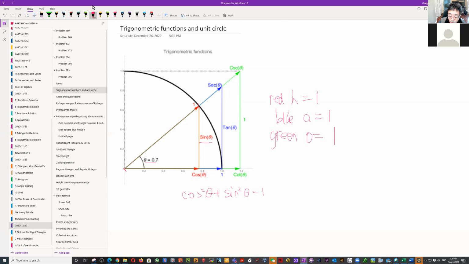With those three similar triangles, you can get three identities of trigonometry. So 1 square plus tangent theta square equals secant theta square, that's for the blue one. Then for the green one, 1 square is just 1, so 1 plus cotangent theta square equals cosecant theta square. So that's the trigonometry.